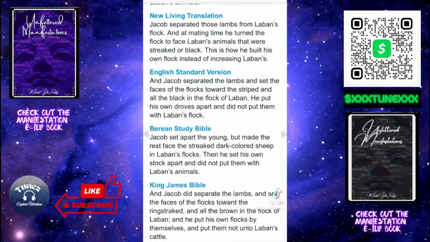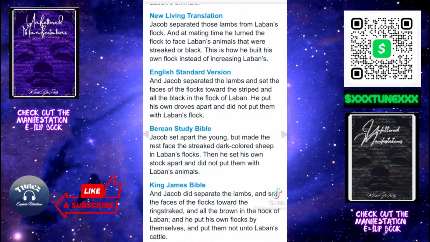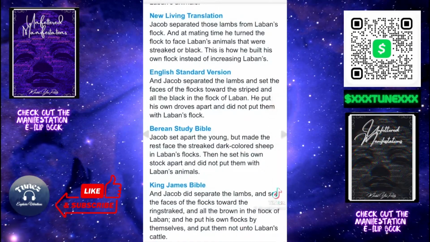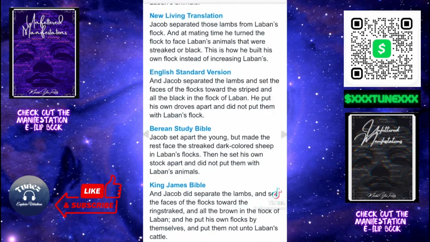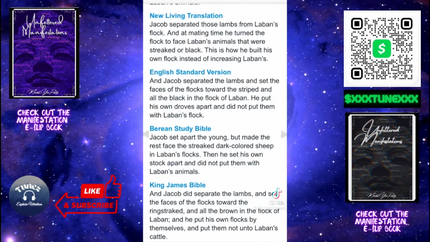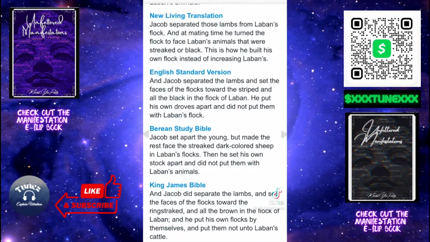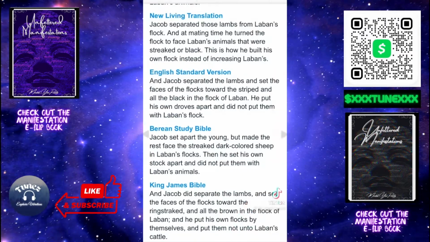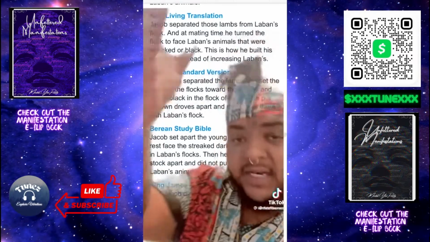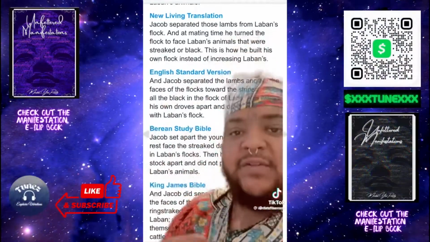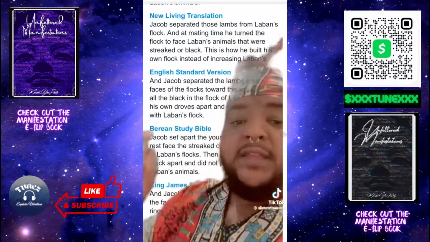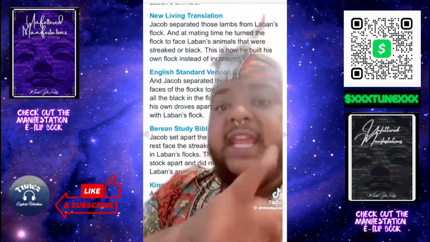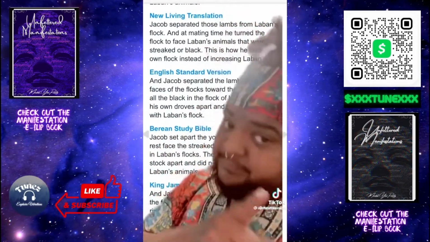And Jacob did separate the lambs and set the faces of the flocks toward the ring straight. And all of the brown in the flock of Laban, he put on his own flocks by themselves and didn't let them go into Laban's cattle. So he separated the brown and the streaked and kept the ones that wasn't.